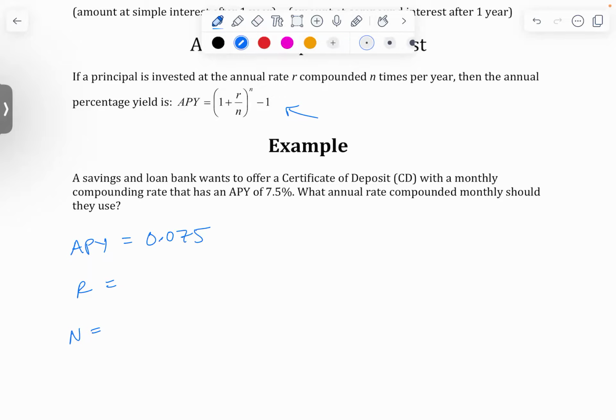We are trying to find the compounding rate. And then compounded monthly, right? If I compound something monthly, that means how many times per year? 12. And then we can use our APY formula.